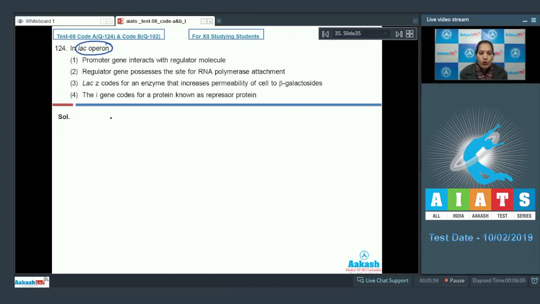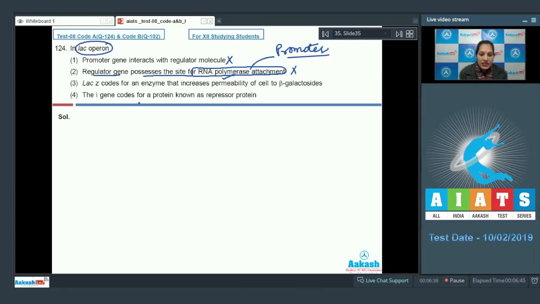First option, promoter gene interacts with the regulator molecule. No. Promoter is the site for RNA polymerase attachment. This site does not interact with the regulator molecule. Second, regulator gene possesses the site for RNA polymerase attachment. No, the site for RNA polymerase attachment is promoter.